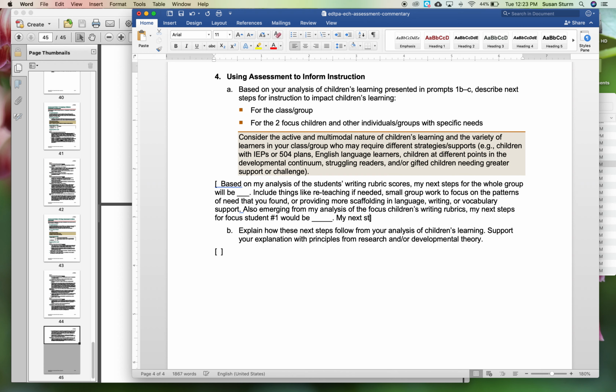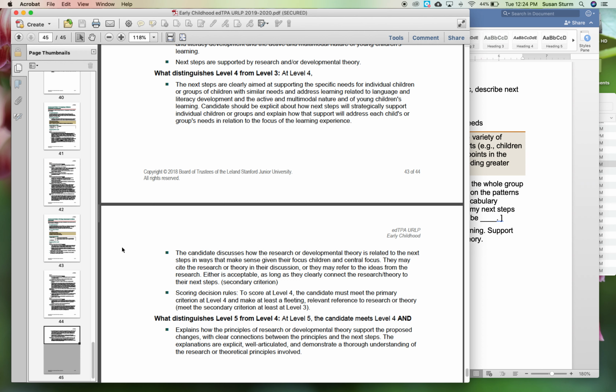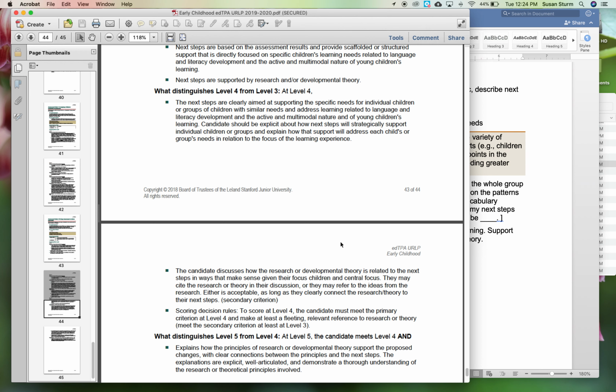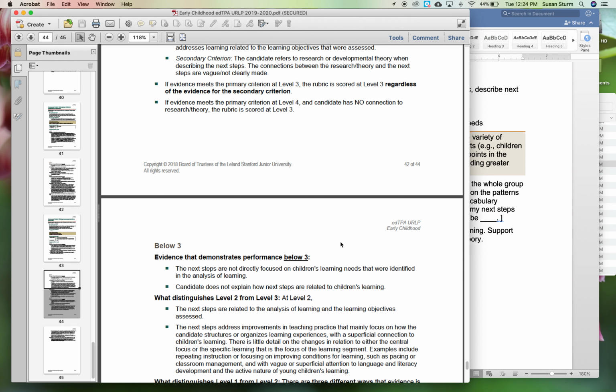My next steps for focus student number 2 would be, and list off your next steps for focus student number 2. Make sure that the next steps are related specifically to their literacy skills. I'm going to go back.